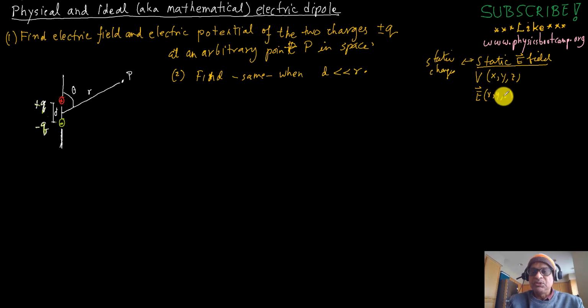In that situation, E is going to be minus the gradient of V. What is this? This is just minus i hat dV/dx plus j hat dV/dy plus k hat dV/dz. So these are just derivatives in the three directions.